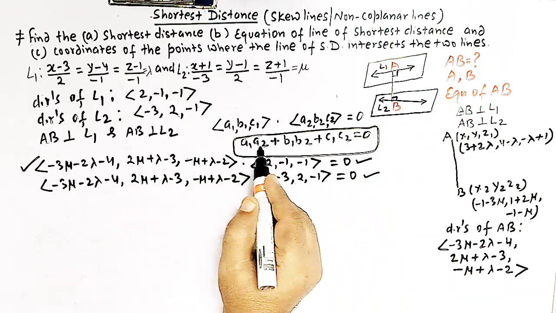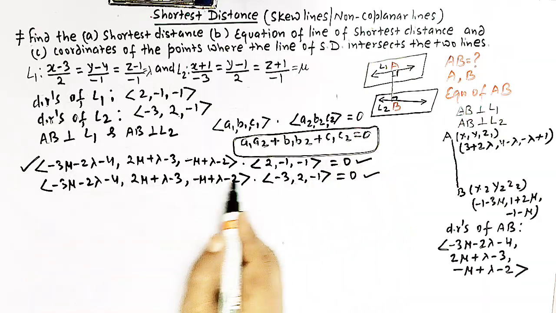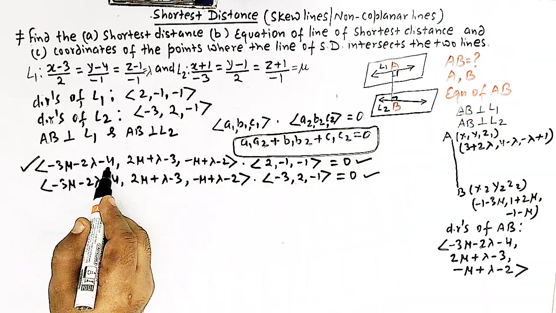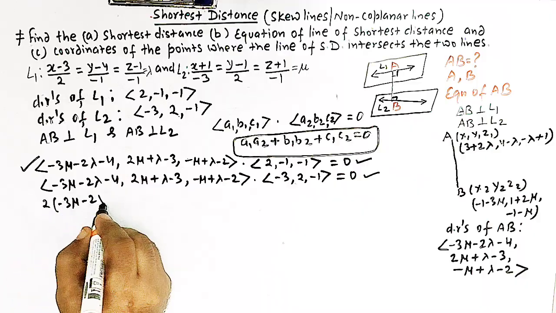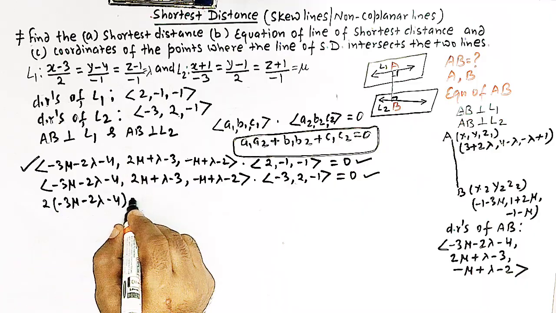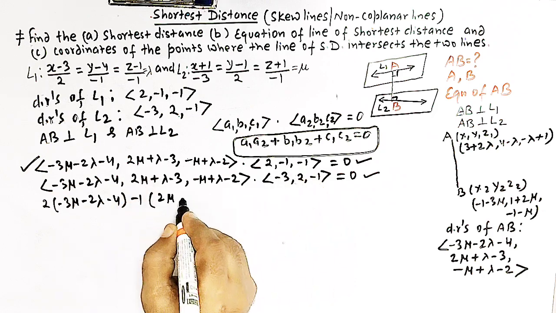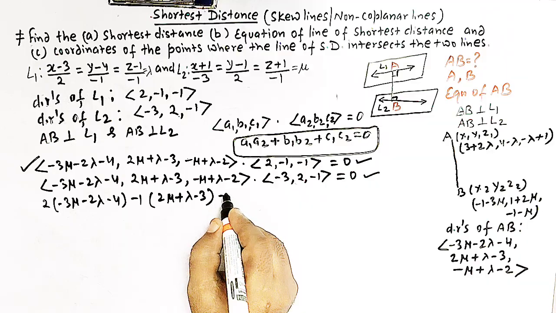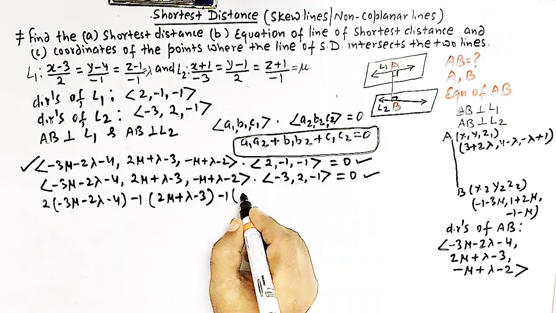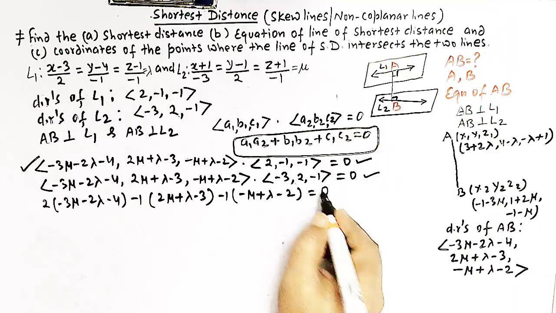So using A1 A2 plus B1 B2 plus C1 C2 is equal to 0, we have now 2 times this number, that is 2 times (minus 3 mu minus 2 lambda minus 4). Then we have minus 1 times (2 mu plus lambda minus 3), and then we have minus 1 times (minus mu plus lambda minus 2) is equal to 0.